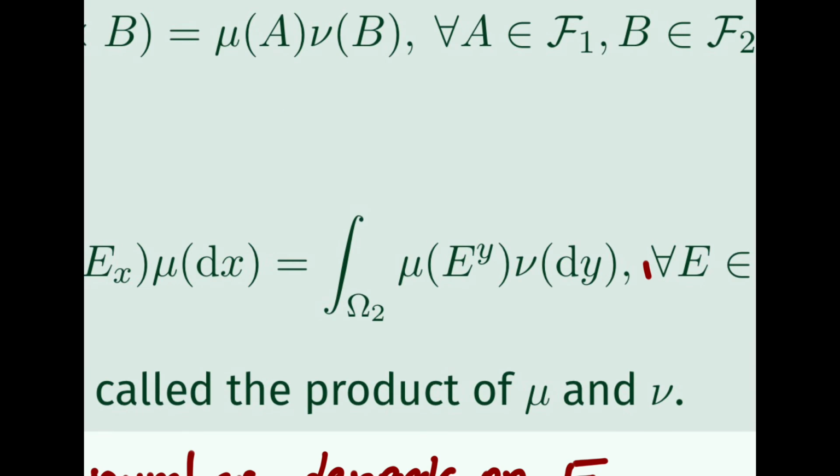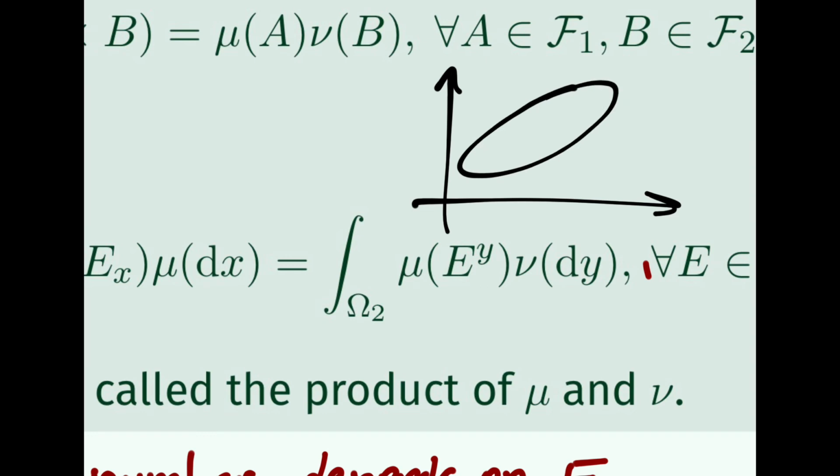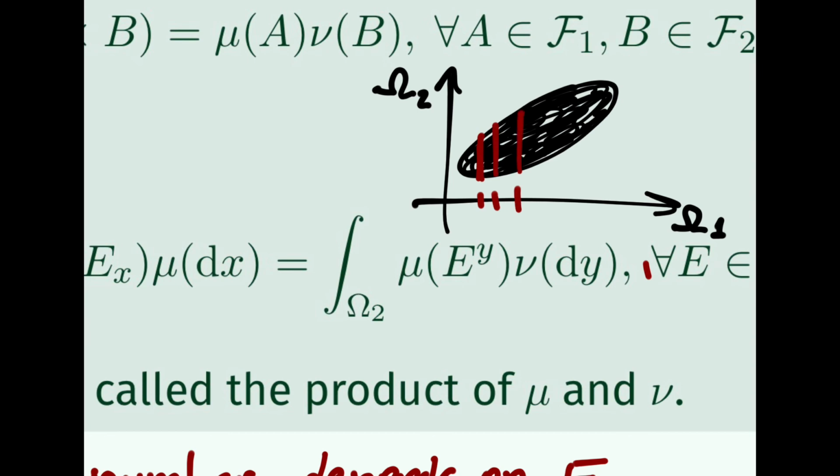So let us zoom in here and be more explicit. What is this saying? It is saying if we have a set like this on the product space, then it's possible to assign a measure to this set, if we just know how to measure things down here on omega 1 and up here on omega 2. And we can compute that measure in two different ways. Either for each x, we take this height here and add it, or for each y, we measure this width here and add it.